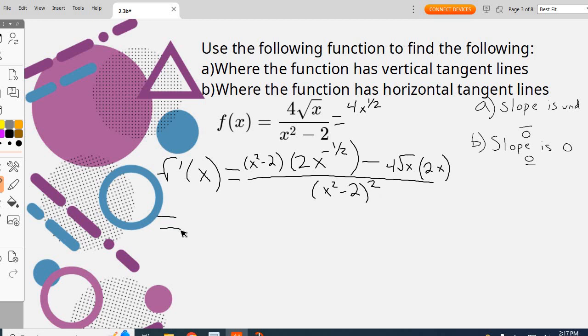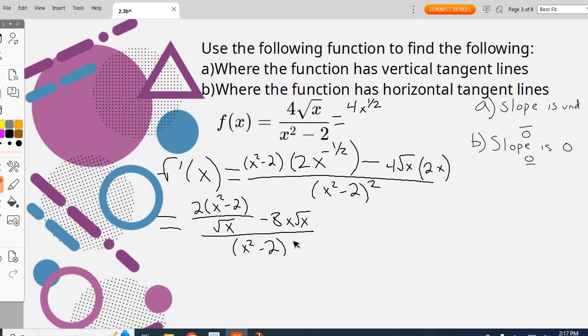So if I have a negative 1/2, what does that become? times the 2 becomes a 8x square root of x.